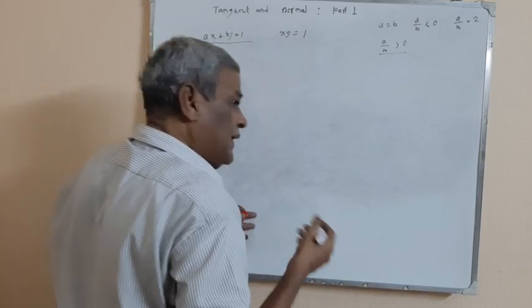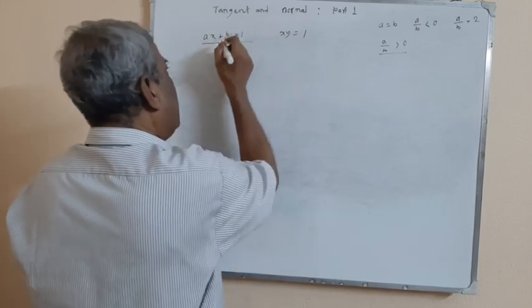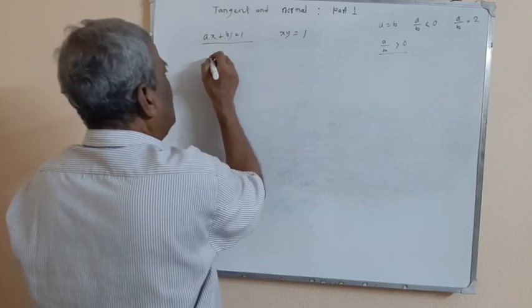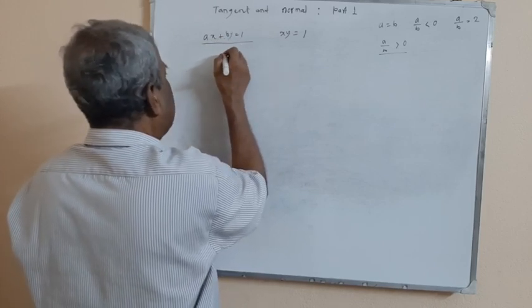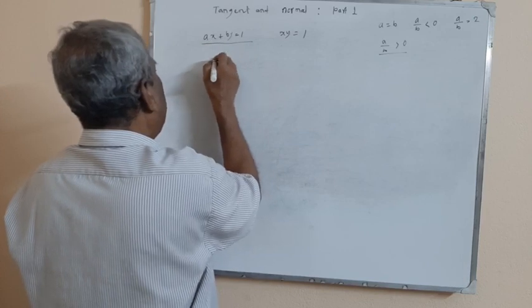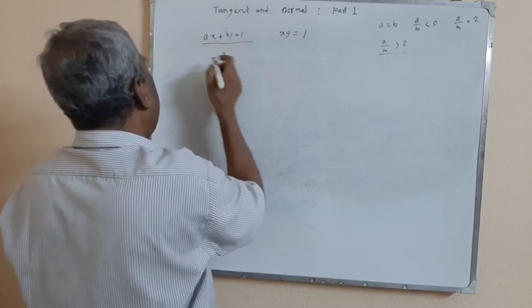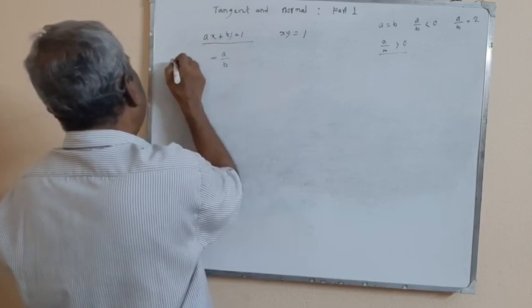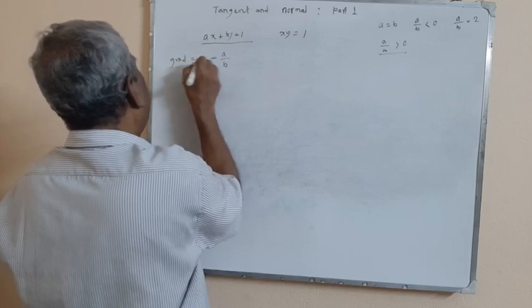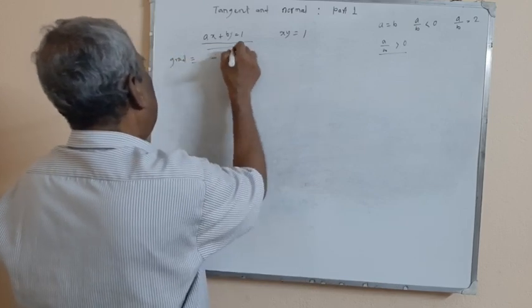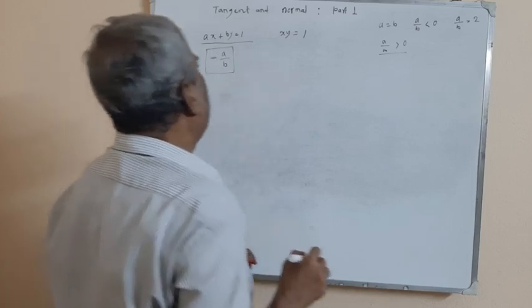From coordinate geometry, the gradient of that straight line is equal to minus a by b. Minus a by b is the gradient of the normal.